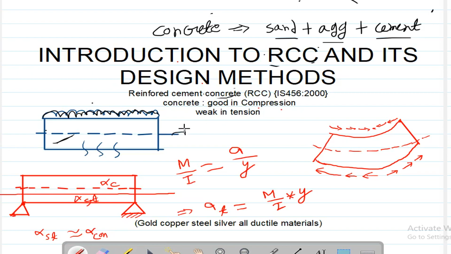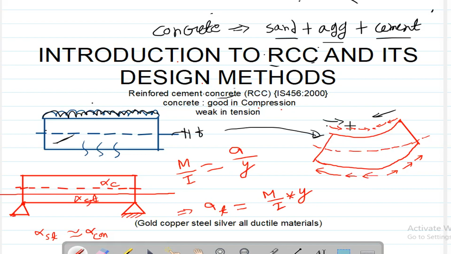The upper portion, because of this loading, tries to compress, so its length decreases. But the lower part of the beam gets elongated, because if the upper part is in compression, obviously the lower part gets elongated.